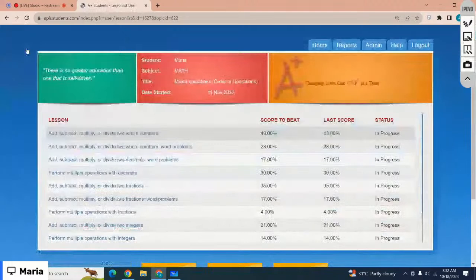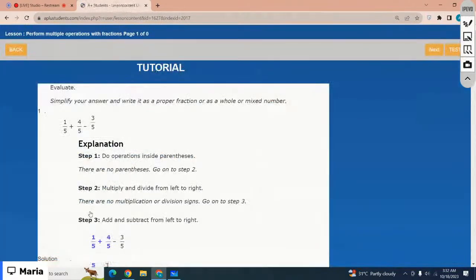Okay, the next one is add, subtract, multiply, or divide two fractions. Word problems. You have to do word problems on your own, right? The next one is perform multiple operations with fractions.